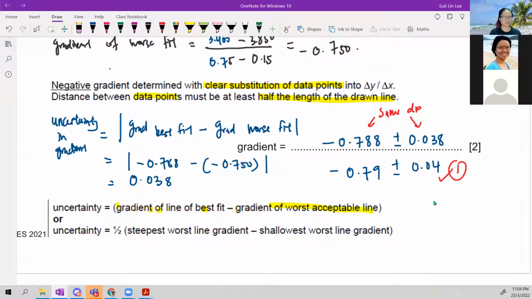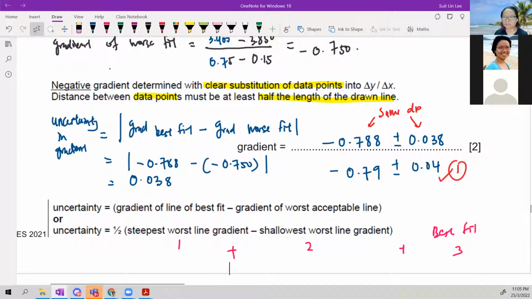Okay, modulus, because it's plus minus anyway. If you want to use half the range, then you need to draw 3 lines. So first, there's 1 line you need to draw, second line you need to draw, and best fit. So the reason why I don't do this method is because it's too much work. But if you want to, sure. Weird flex, but okay.